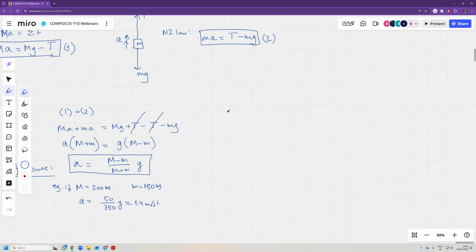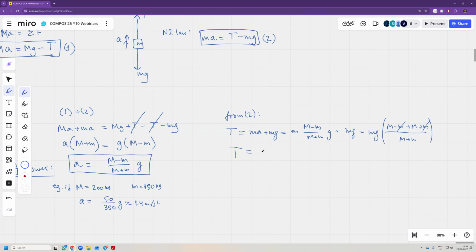From equation number 2, tension is ma plus mg, and that is m times (M minus m) over (M plus m) times g, plus mg, which is mg times ((M minus m) plus (M plus m)) over (M plus m).